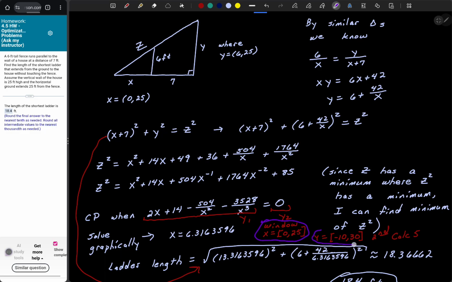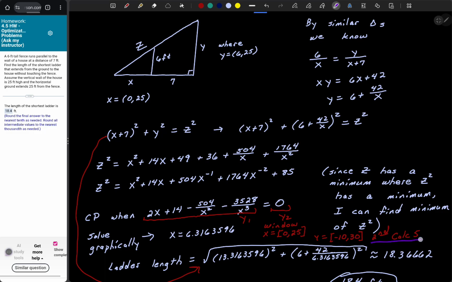Some good y values in this case. Now we know that we're interested in y equals 0, so there's no need to go far out on the y's. Negative 10 to 30 gives you a pretty decent graph of this function over this region. And then after you get this one in and this one in and your x values, you really don't need to worry about the y values.